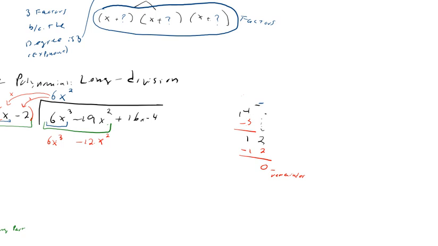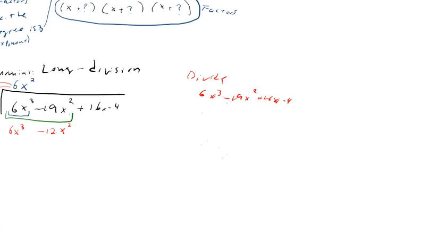The question might be: divide 6x cubed minus 19x squared plus 16x minus 4 divided by x minus 2. God, why is this so bad at writing? This would be the question, for example. Divide those two.